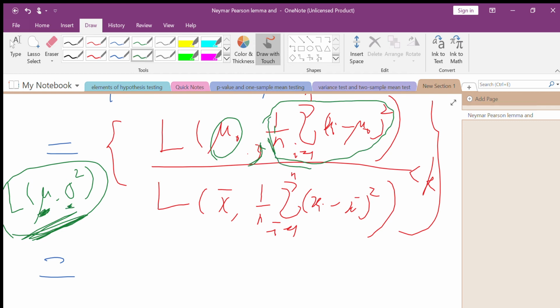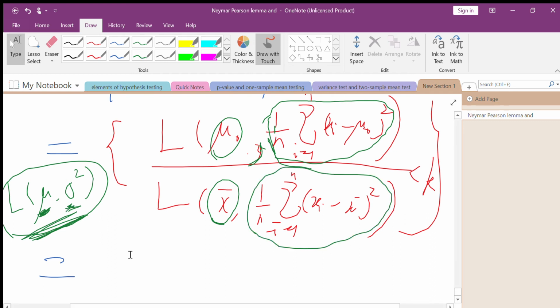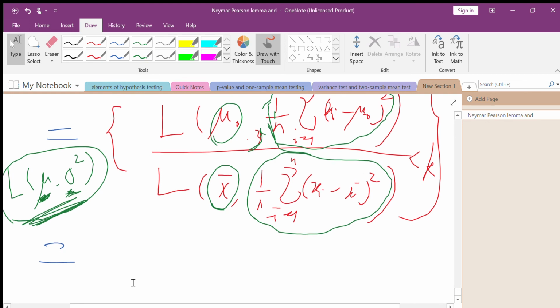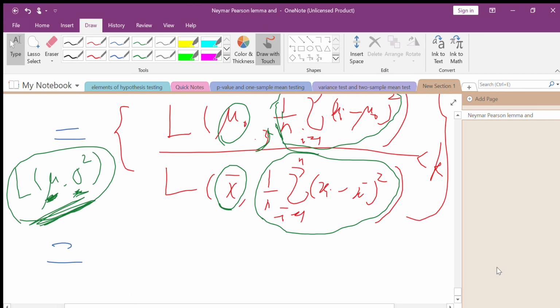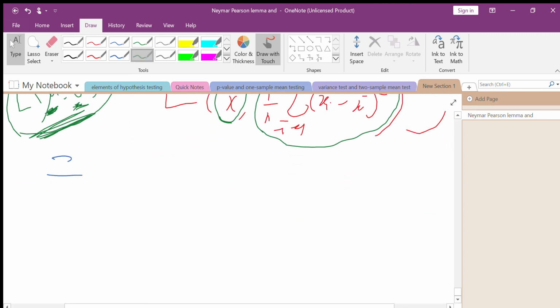Also for the denominator, you put it here, and for this part, you put here. So this is the likelihood function for the normal. It is a product of normal PDFs.